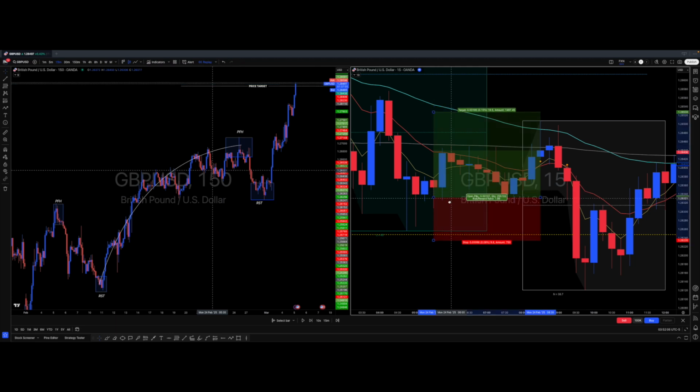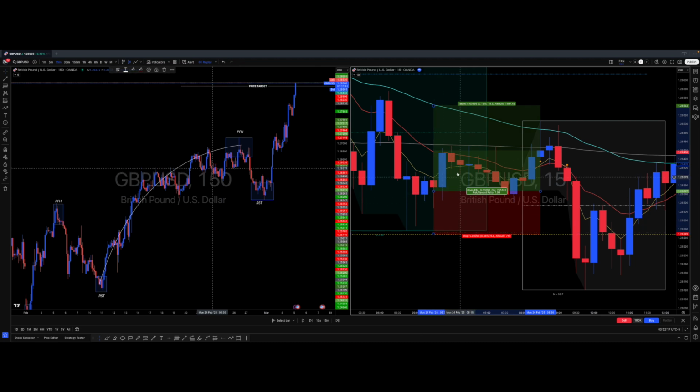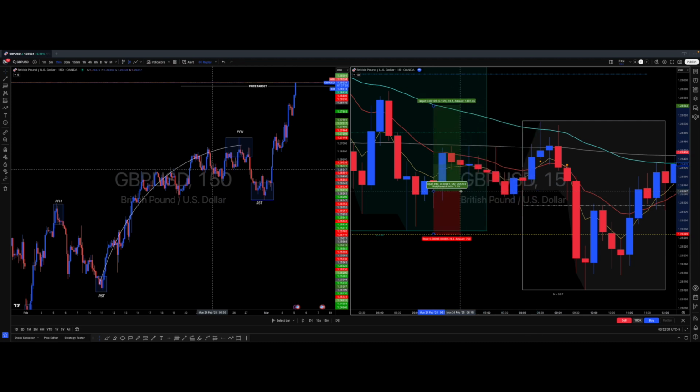Depending obviously on where you have the entry, you could have gotten in down here, or down here. Typically, let's just put it where most people would have probably taken the trade, and so the trade setup would have looked something like this. Essentially, you would have been looking just to get into a 50 EMA.